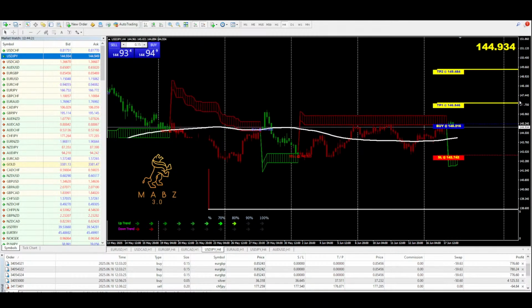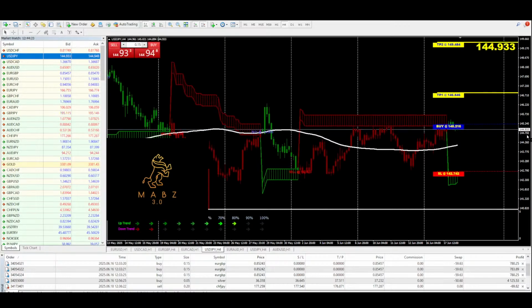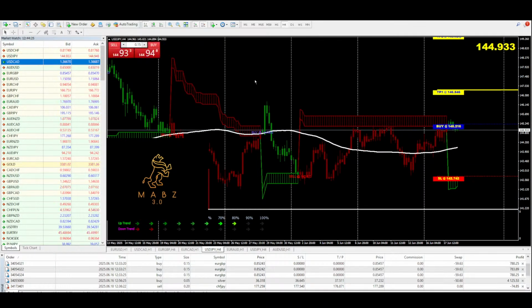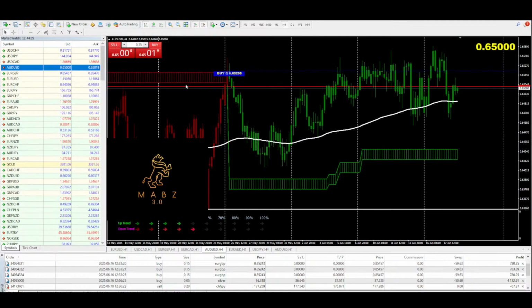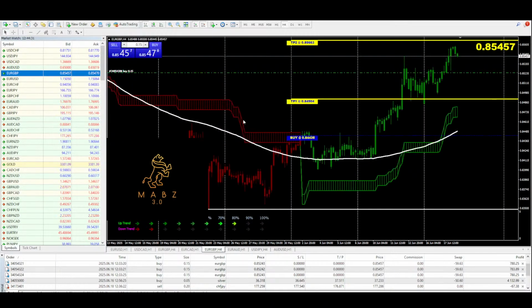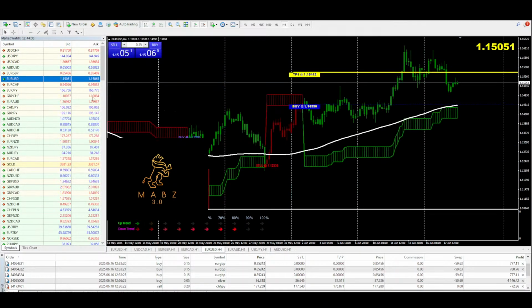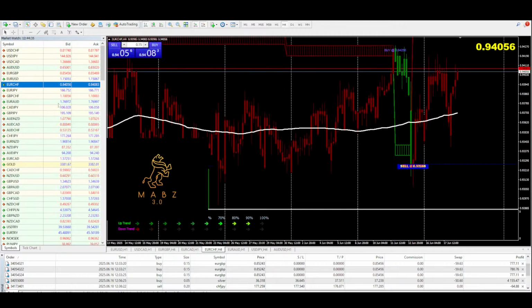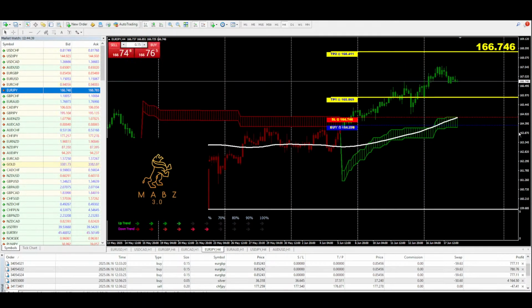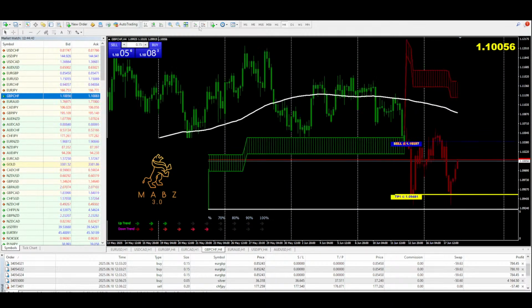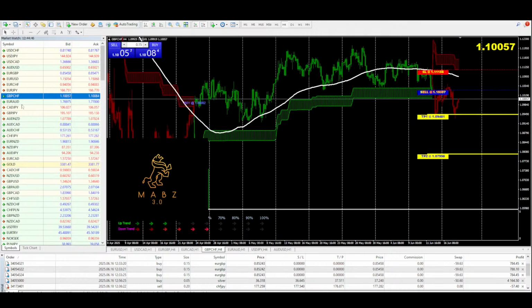So the H4, I would take that with a small lot size, USD JPY. Euro GBP already in that. Euro CHF, Euro JPY, Euro JPY currently in a retracement, waiting for the volatility meter. We'll check it out in the US session.